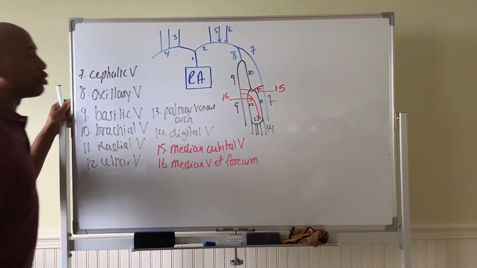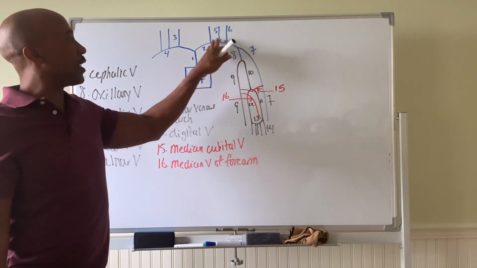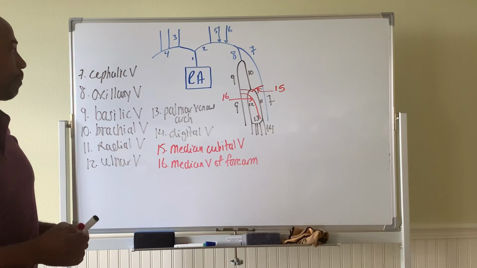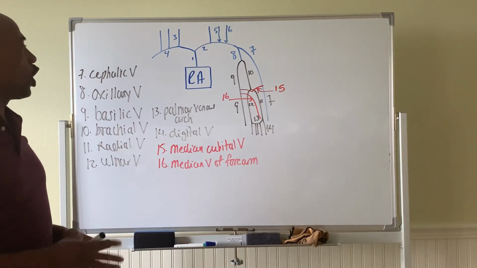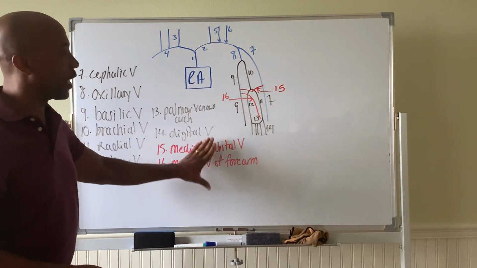So that's how you drain the upper limbs. And that's how the upper limb empties eventually into your SVC, which carries blood into your right atrium. Next, we're going to do how blood drains from the abdominal cavity and the lower limbs. Okay, let's pause.